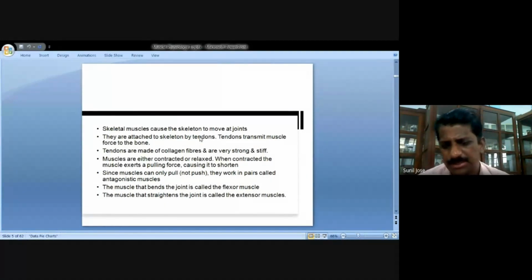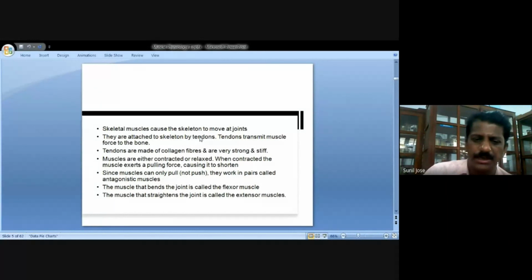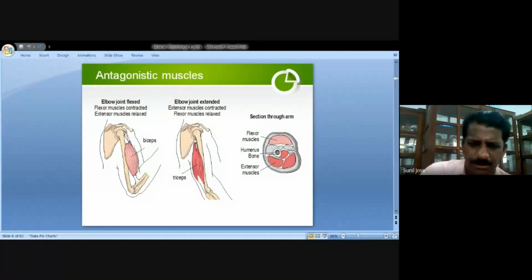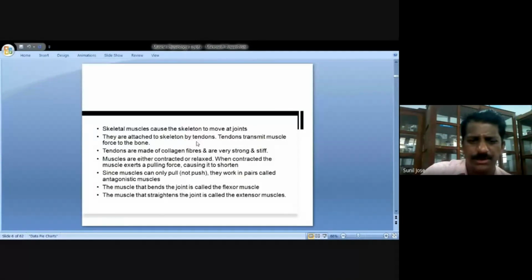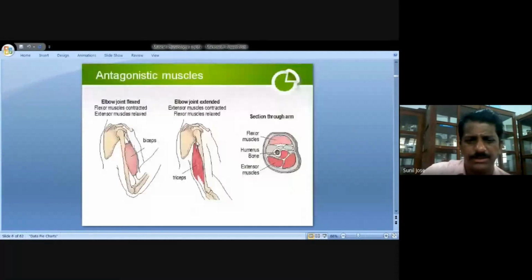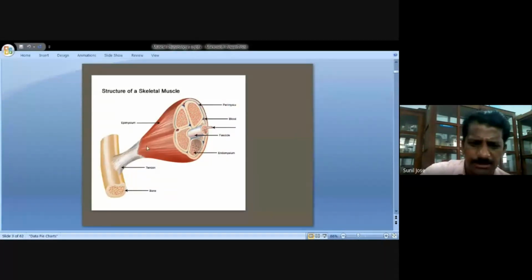You can see that a skeletal muscle is attached to the bone by means of a structure known as the tendon. Here in the next picture you can see that. This is a skeletal muscle, and it is attached to a bone by means of a thread-like structure known as the tendon.